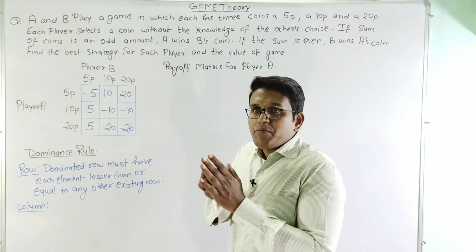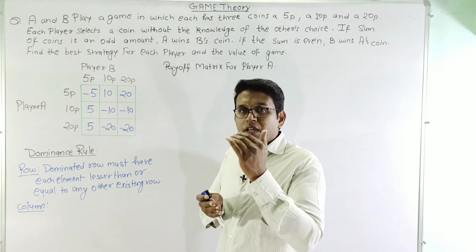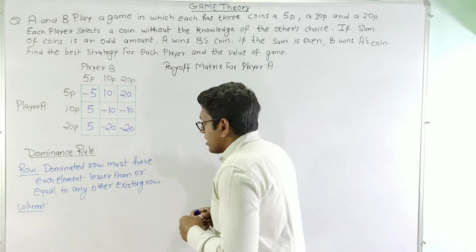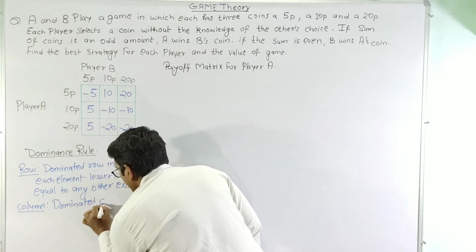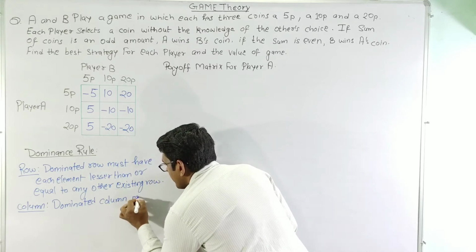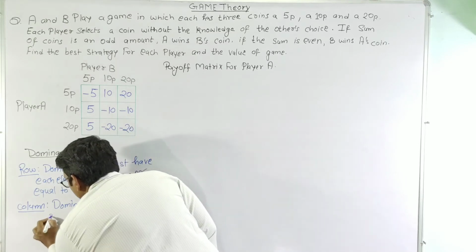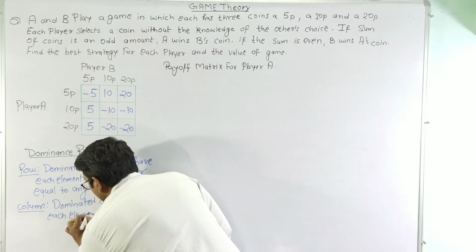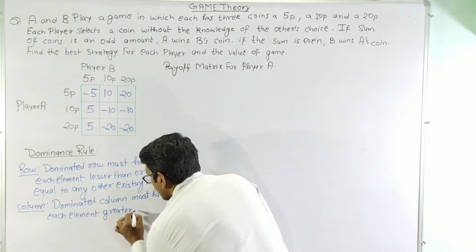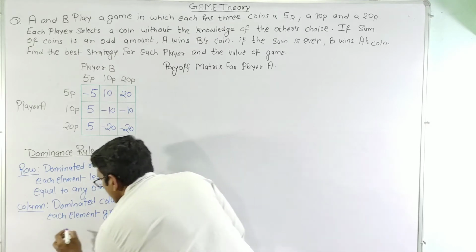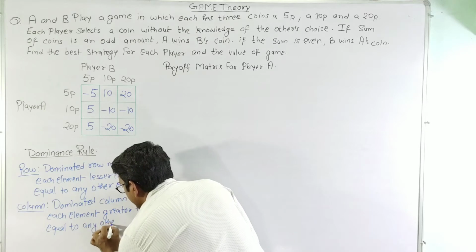So in columns, the dominated column will have the maximum value in each element, or we can say the dominated column must have each element greater than or equal to any other existing column.